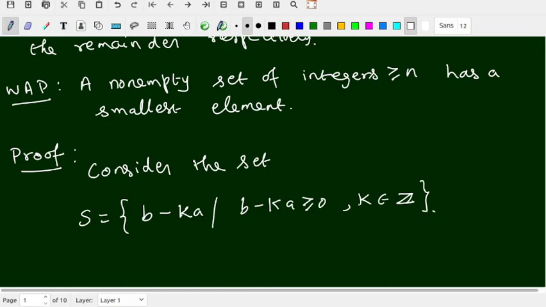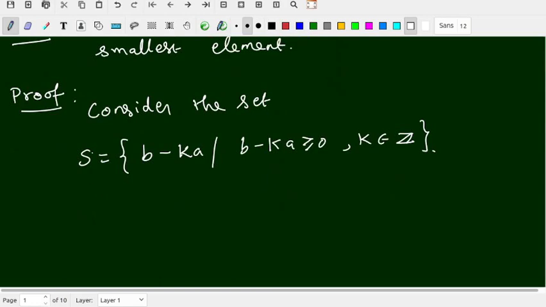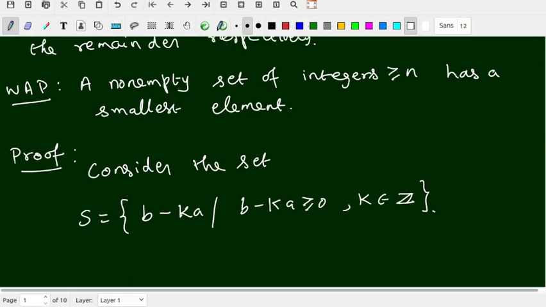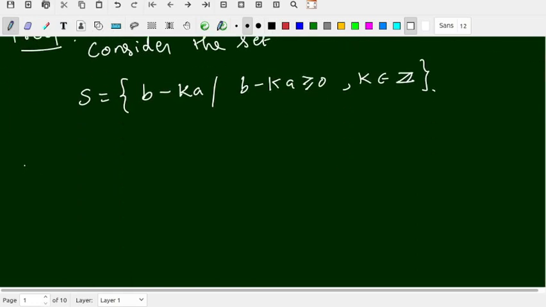So for integer k, if b minus ka is greater than or equal to 0, then we take the integer in the set S. First we will check whether S is non-empty or not. We know that S is a set of integers greater than or equal to 0. If it is non-empty, then we can apply the well ordering principle.